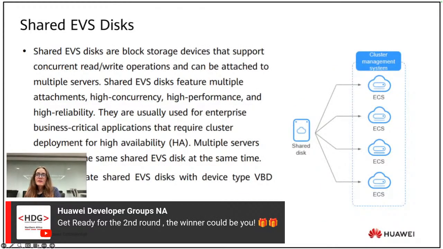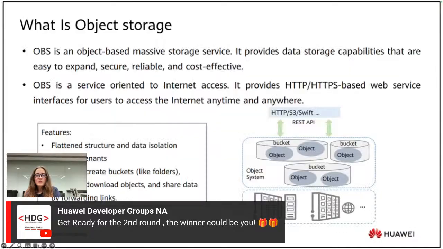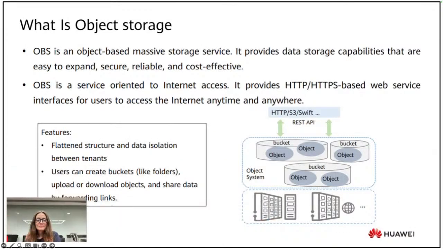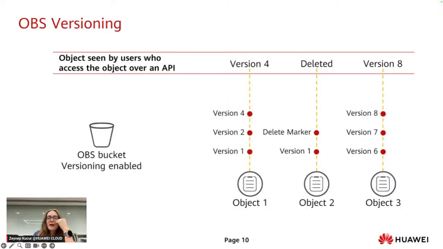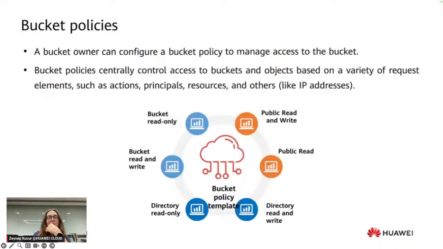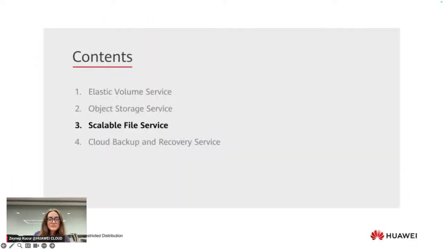And what a shared EVS is: you can share a disk through ECSs in a cluster. And what object storage services, and the object lifecycle management, our object storage service types: standard storage, infrequent access storage, archive storage. We have OBS versioning, I said. We have bucket policies. We can set permission settings.